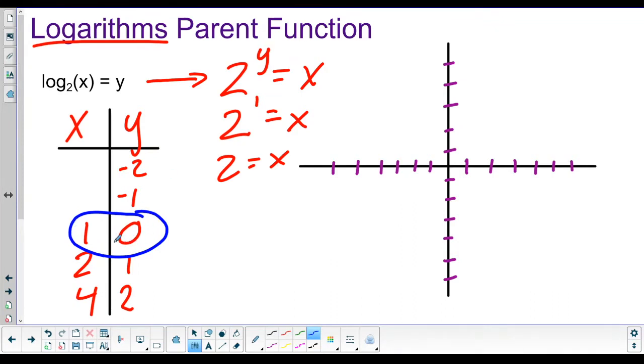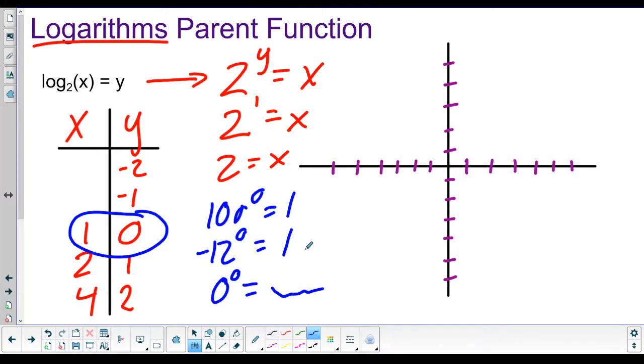When y is 0, anything except 0 to the power of 0 is always going to be 1. So 100 to the power of 0 is 1. -12 to the power of 0, that's 1. 0 to the power of 0, don't worry about it. But everything else, it's 1. So we've got that weird one.